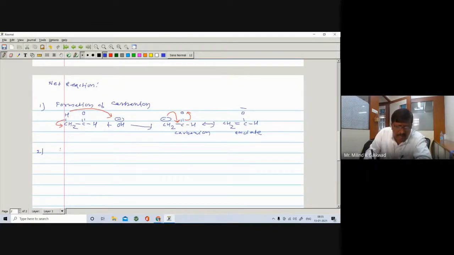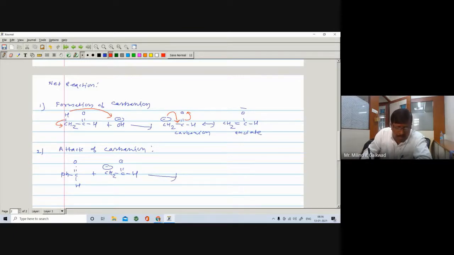The second step is attack of the carbanion. This reaction you have learned in the first topic, carbanions and their reactions. In the second step, what happens? The starting compound is the benzaldehyde. This benzaldehyde reacts with the carbanion, CH2 negative, C double bond O and H. So what happens?